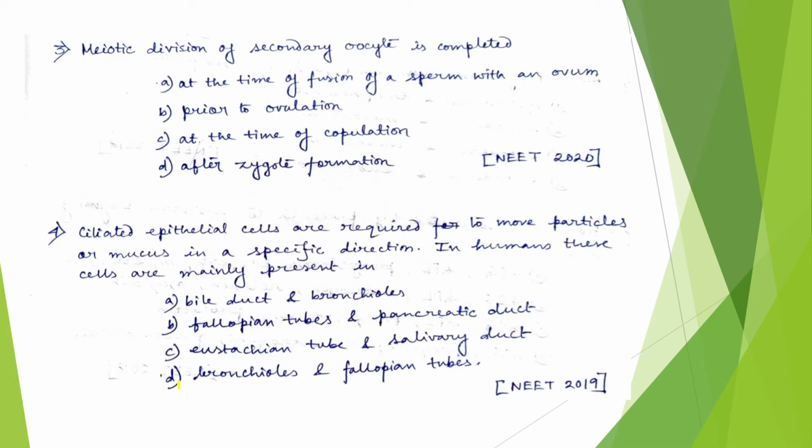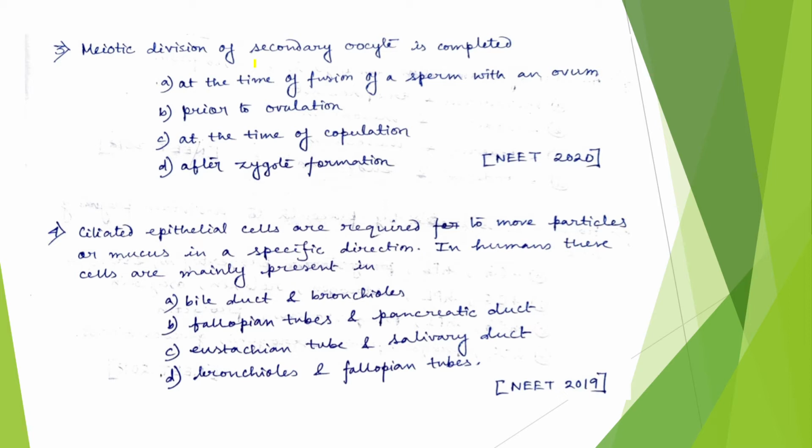Now coming to the third question: meiotic division of the secondary oocyte is completed at the time of fusion of a sperm with an ovum, prior to ovulation, at the time of copulation, or after zygote formation. See, when ovulation occurs, the first meiotic division is completed and the secondary oocyte is released in the fallopian tube. But this secondary oocyte is arrested in metaphase 2 of meiosis 2. To break this arrest, we need a sperm.